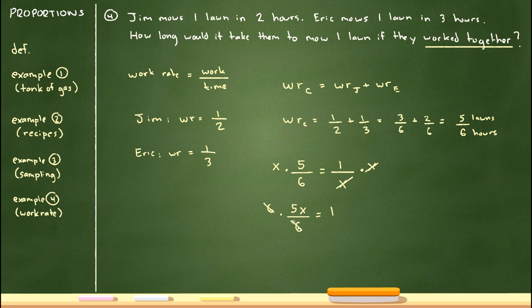So we go ahead and multiply by the 6 on both sides. So we get 5x is equal to 6. And lastly, we want just an x here, so we would divide by 5 on both sides. So we get x is equal to 6/5 hours. So 6/5, that's a little bit more than 1 hour.